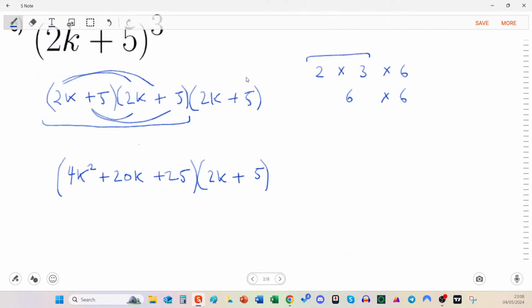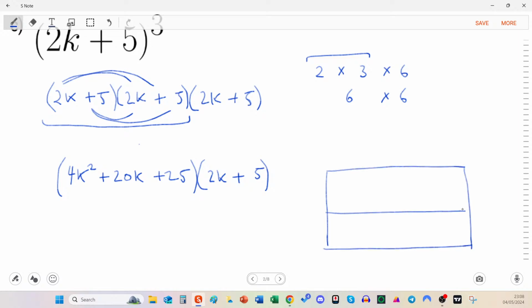Okay. Now we have a 3 by 2. I'm going to use the box now because this is not worth getting wrong. But if I were to use the arrow method, all you have to do, I would start with a 2 and I would say that has to multiply everything in this bracket, like that.